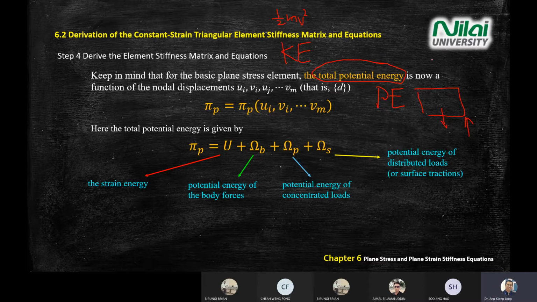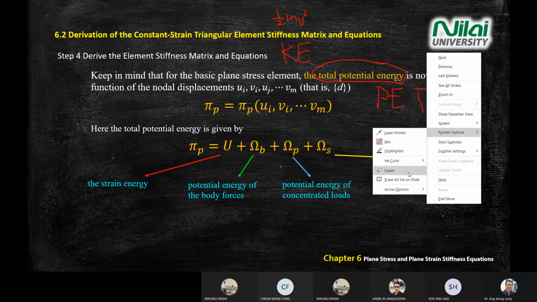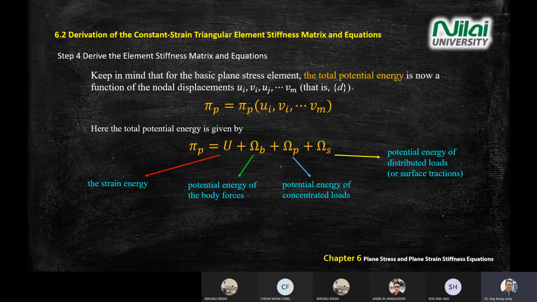So take note now. For chapter 6, when it comes to the stiffness matrix, we look at potential energy, PE. Potential energy is the one inside the element itself. We look at the plane stress element now.